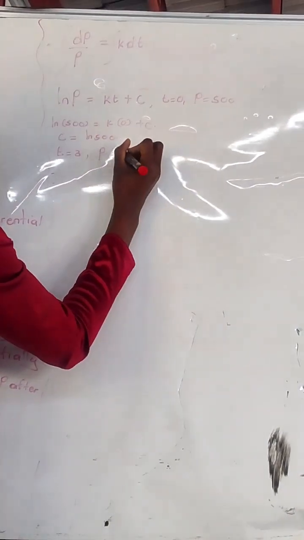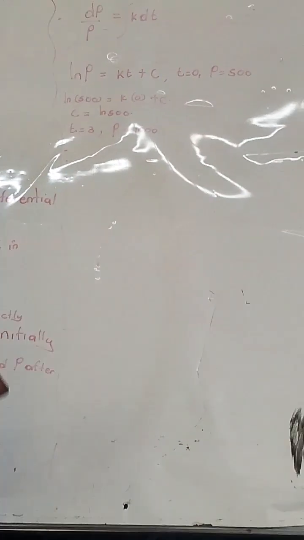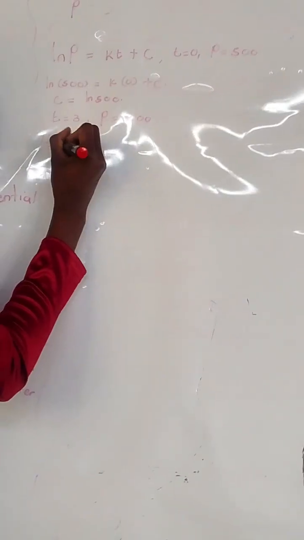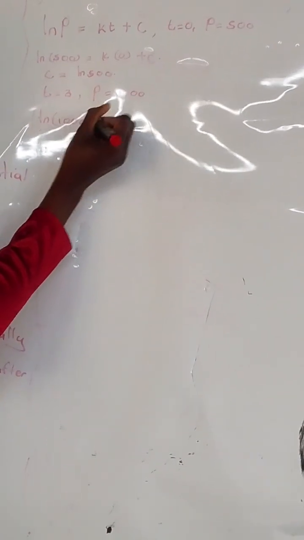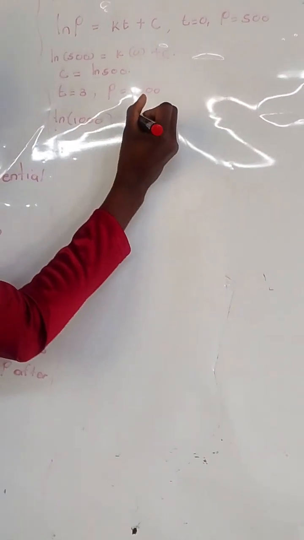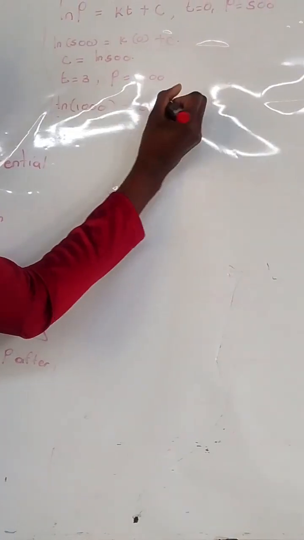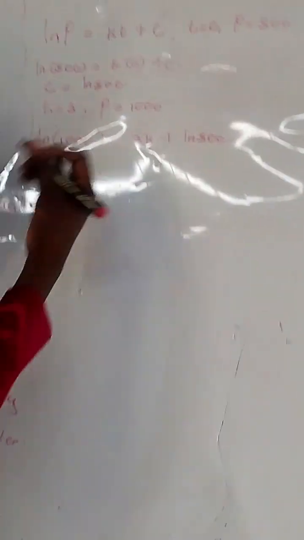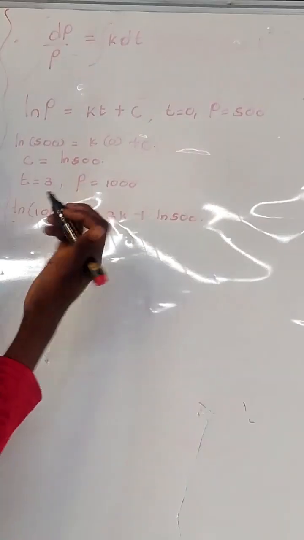Then after 3 years, when t is 3, population was 1,000. We get ln of 1,000 equaling 3k plus ln 500. Because our C is ln 500, we can bring this one this side.